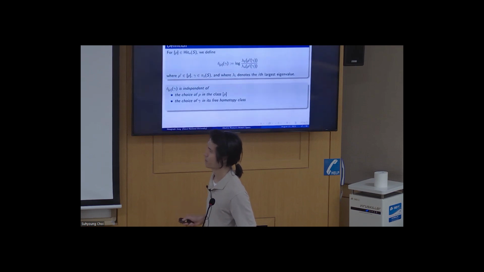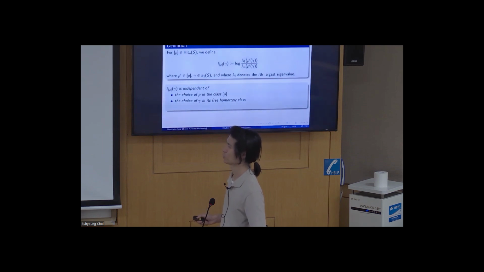It also doesn't depend on the free homotopy class of gamma, so we can replace gamma with any other simple closed curve that is freely homotopic to the original one. Also, it doesn't depend on the choice of orientation, so we can flip the orientation and get the same value. So this function really measures the length of the simple closed curve.